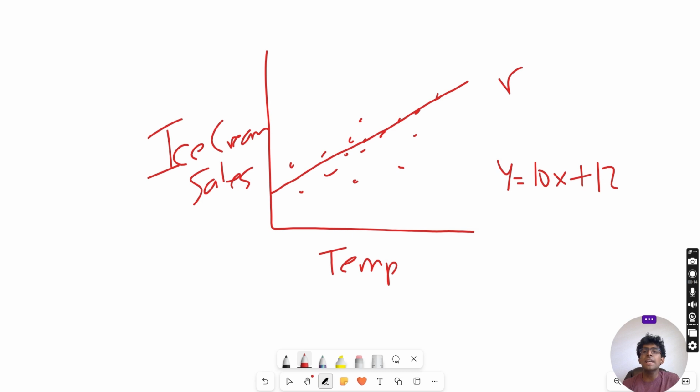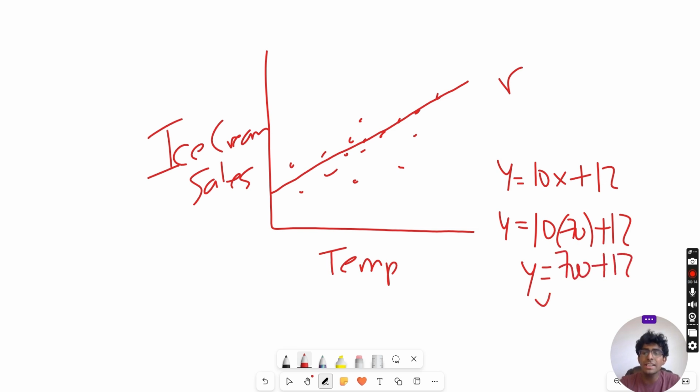So in this case, we are extrapolating the data. We're predicting what a data value would be, given the line of best fit. So we just plug in 70 for x because that's our temperature, and then simplify. 10 times 70 is 700, plus 12 would be 712 for your ice cream sales, which honestly, never know, right? But this is just an example.